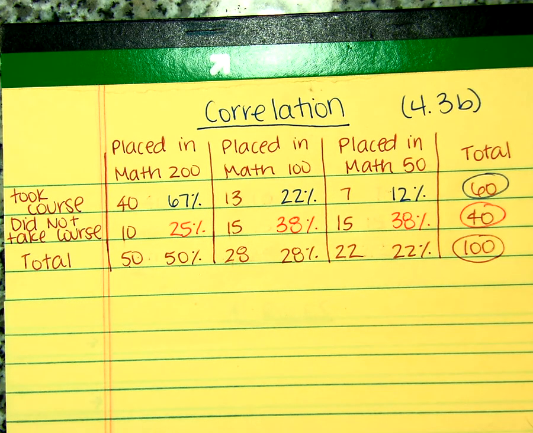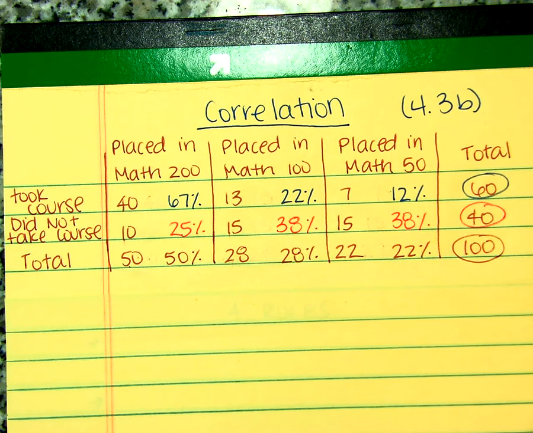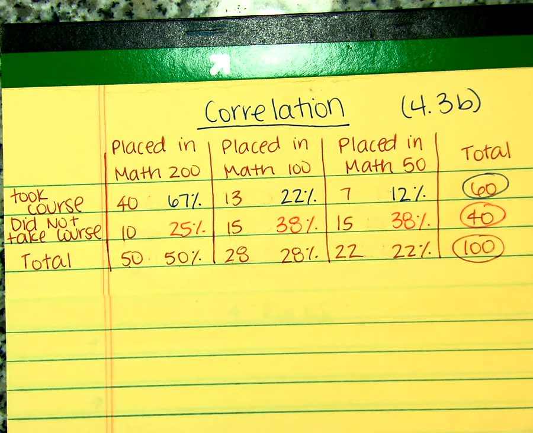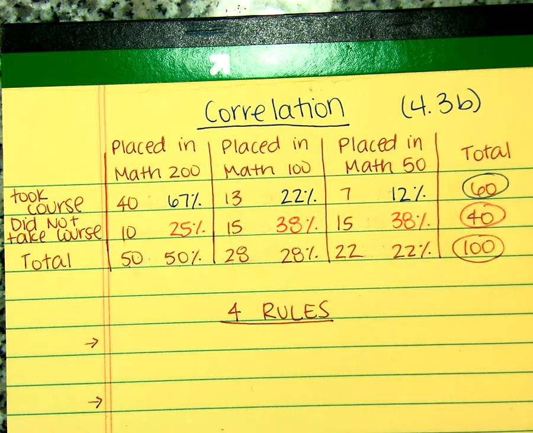So what we want to do is we want to see if there is what's called a correlation. All right? Correlation means that there's a link or a relationship or some sort of connection. But before we can do that, we need to go over the 4 rules that determine whether or not there is a correlation.